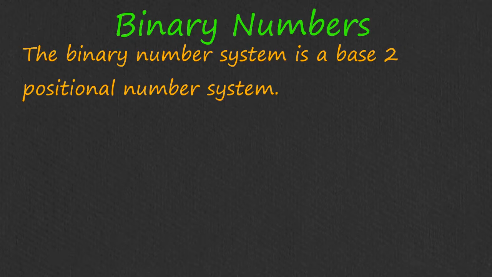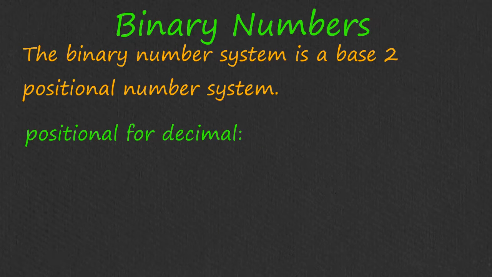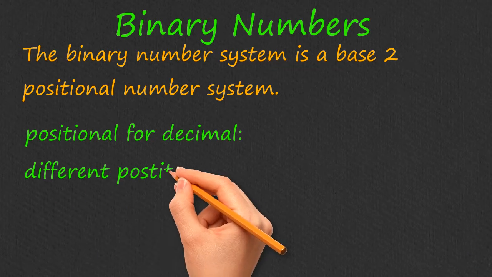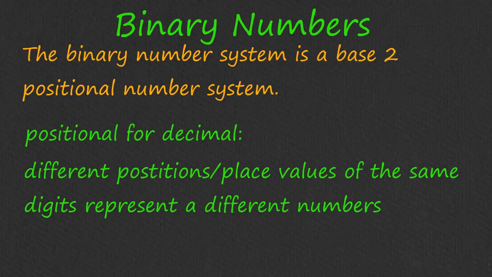First, do you remember what positional meant for the decimal number system? Please pause the video here and try to write down this idea. Positional means that if we place the same digits of a number into different positions or place values, they will represent a different number, as the values of the individual digits changed by placing them elsewhere.